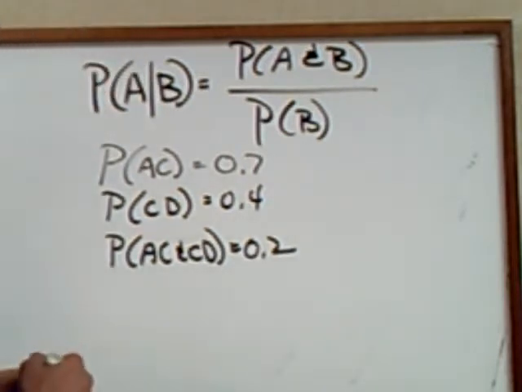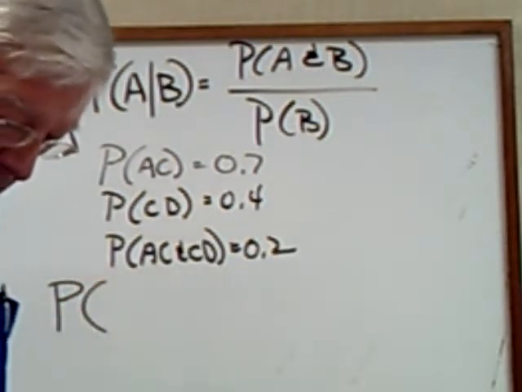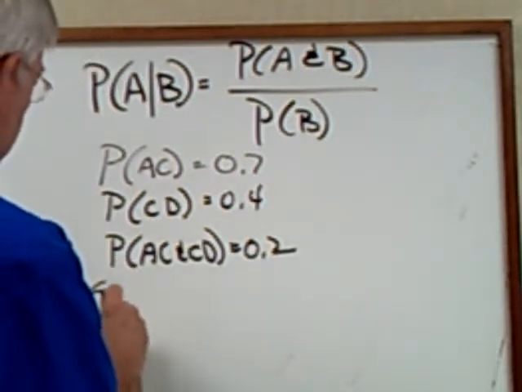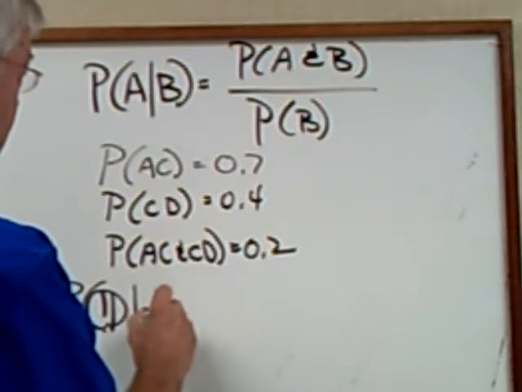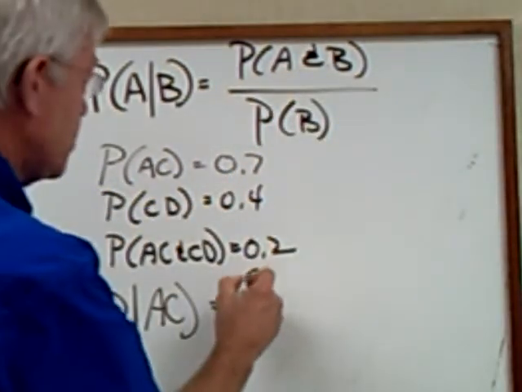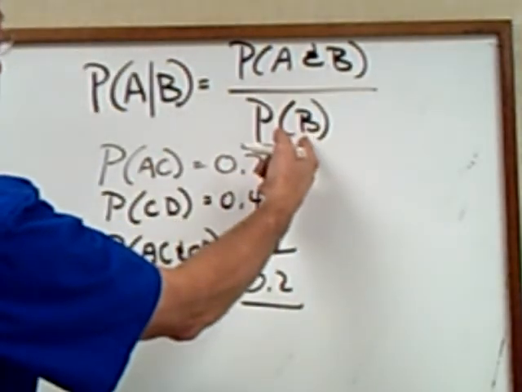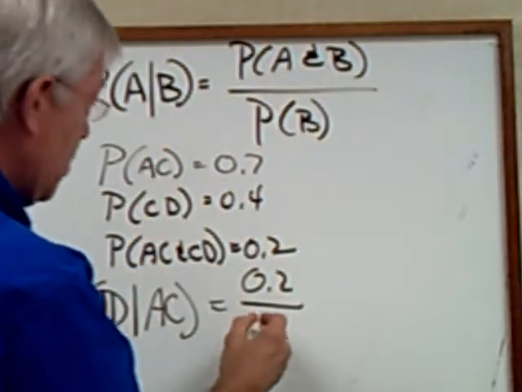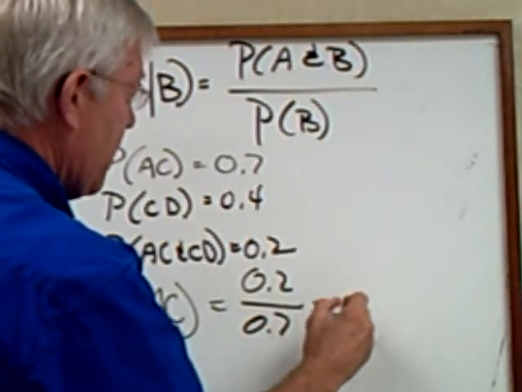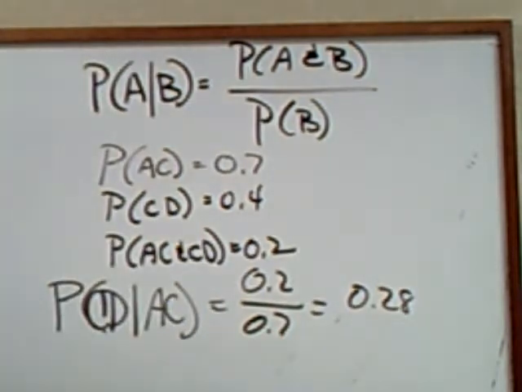So, if we want to find out the probability of a car with a CD player given that it has AC, well, it's simply the probability of both, 0.2, over the probability of B, that one, AC, or 0.7, which is about 0.28. Okay, and it's that straightforward.